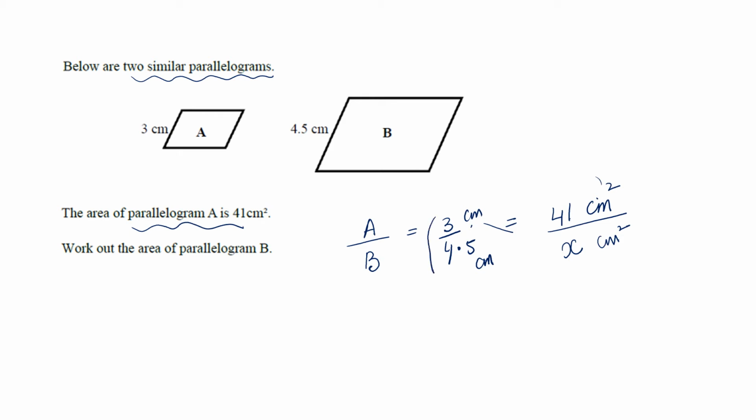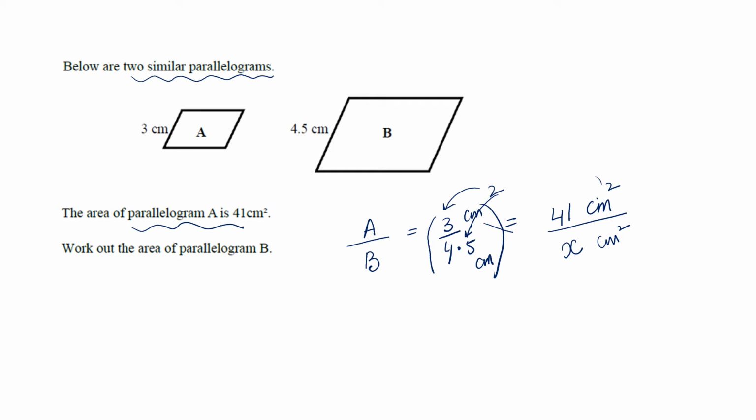So what will we do? We will square the lengths, because we must make sure that the units are the same. So for that reason we square. Now this square is in the numerator, this square is in the denominator.